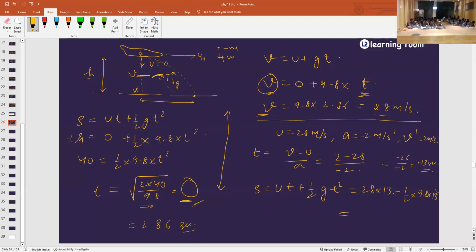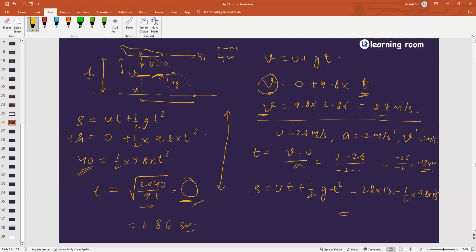This was the distance traveled during the parachute. This distance of 40 meters was traveled before the parachute, and this is what we are calculating after the parachute.